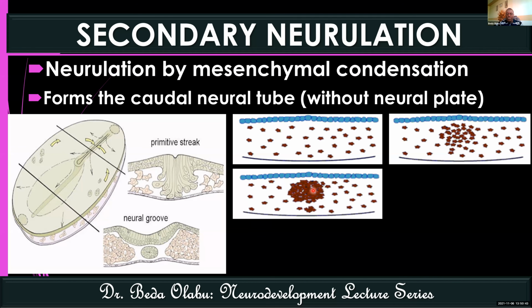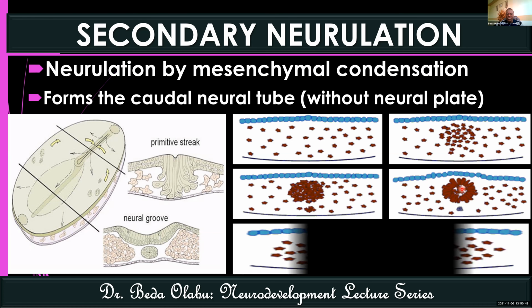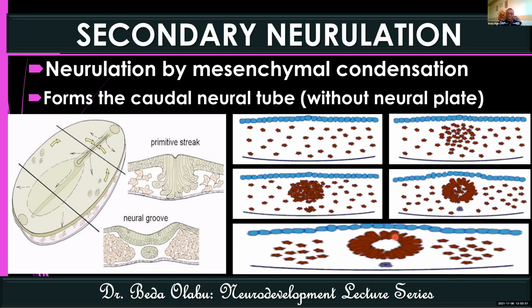The neural rod then undergoes cavitation through the process of apoptosis. And so what we eventually have is a structure with a lumen, which we call the neural tube, in this case, the secondary neural tube. That's how the secondary neural tube is formed, from mesenchymal condensation.